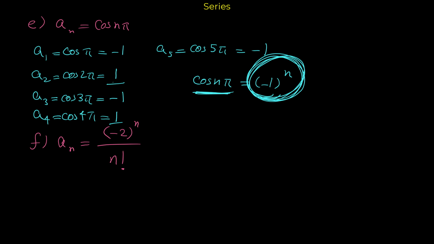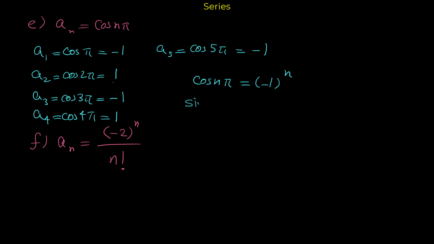Whenever you see cosine of n pi in a given question, you can replace it with (-1)^n. Why is it a good idea? Because it's a simpler expression. When we look at cosine n pi, we think it's a complicated expression, but it's very simple. Cosine of n pi is exactly (-1)^n.